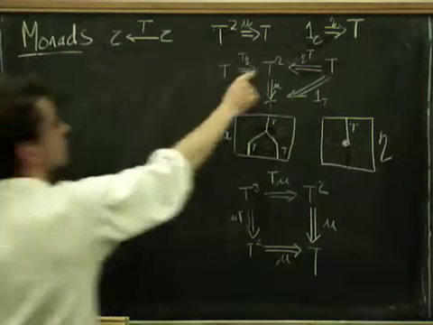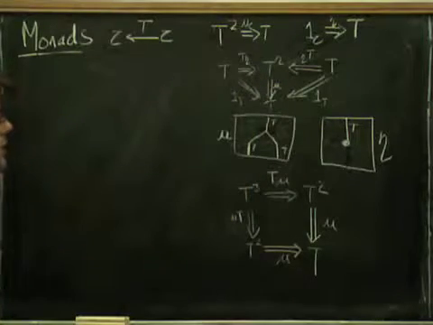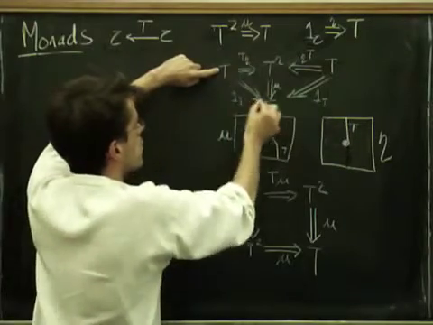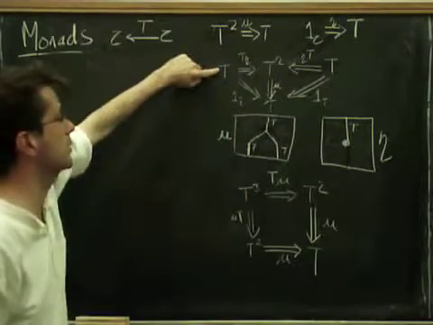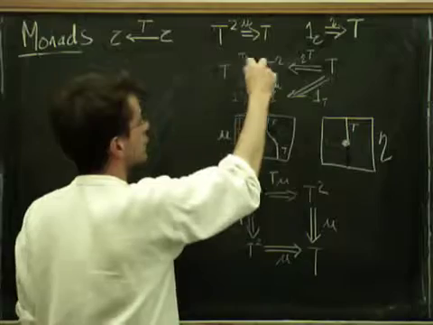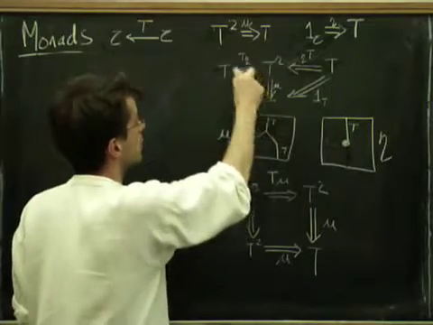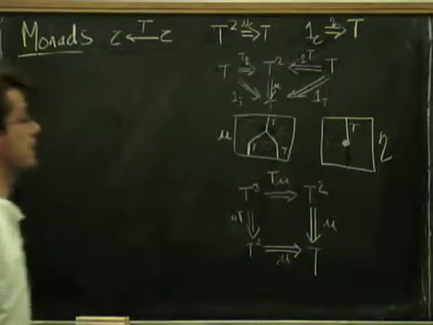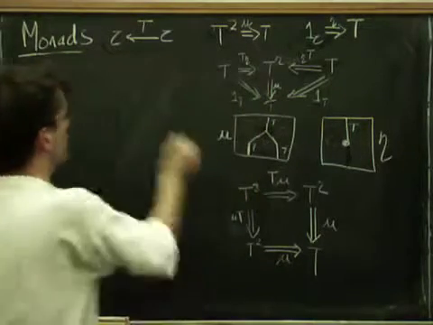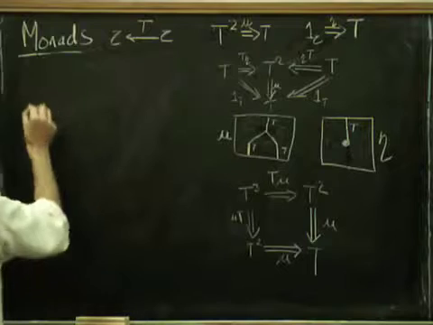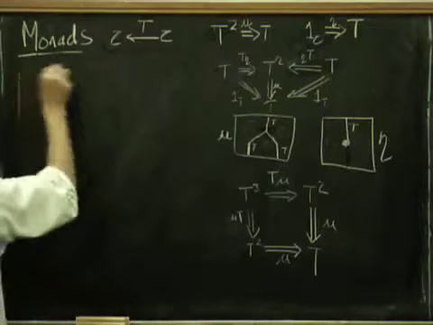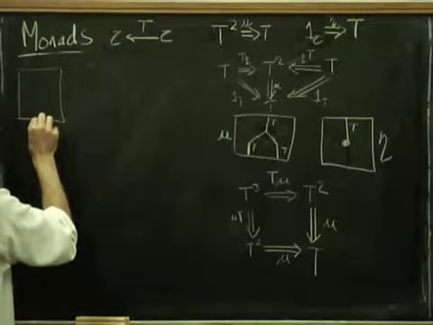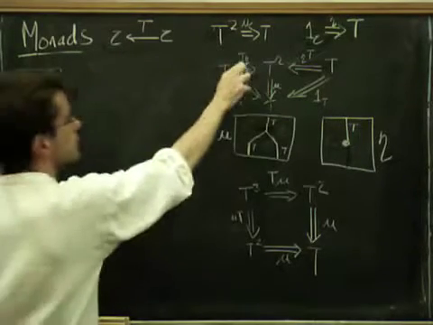Right. So let's have a look at this picture here. What does this say? Let's just take this left-hand triangle first. Again, it's saying that two natural transformations are equal. If we do this one, or we do this one, then we've got to get the same answer. So the first one, we start at t, we just do t, but we apply eta.